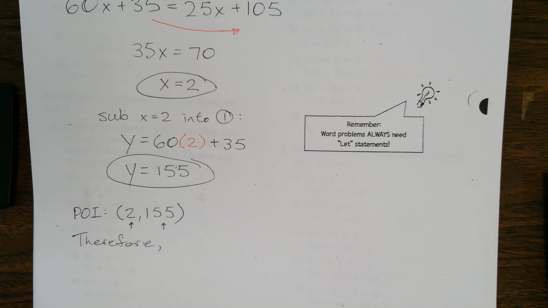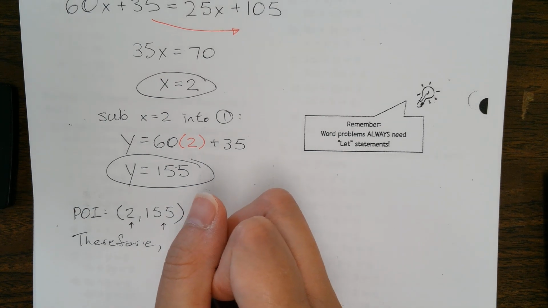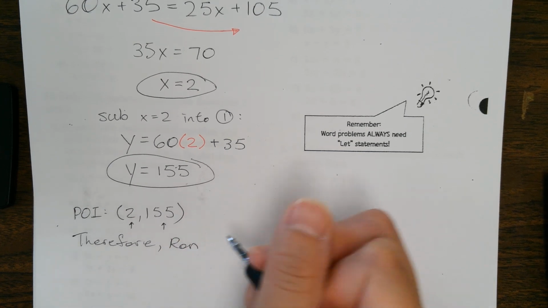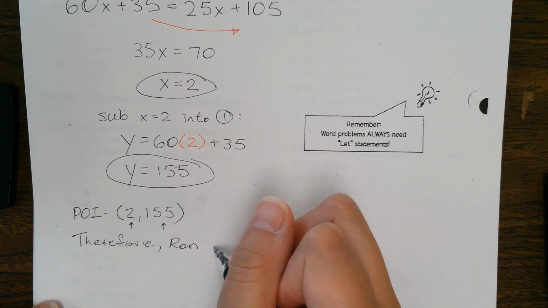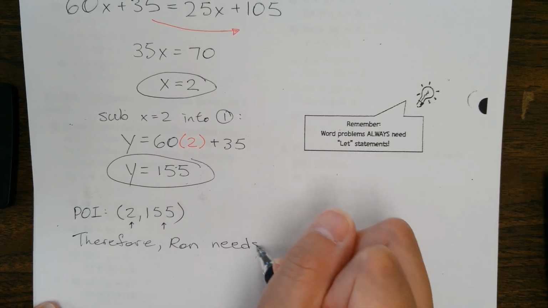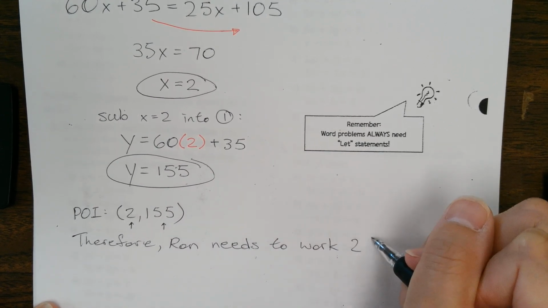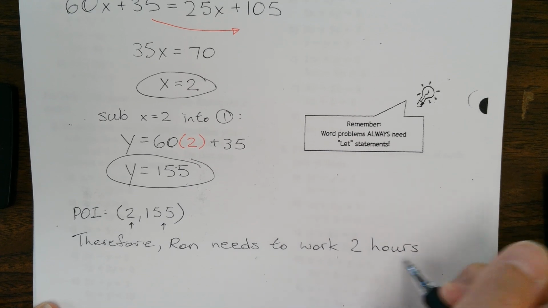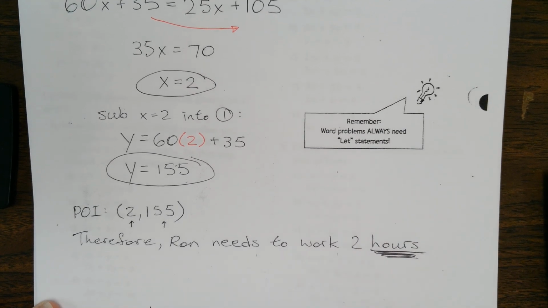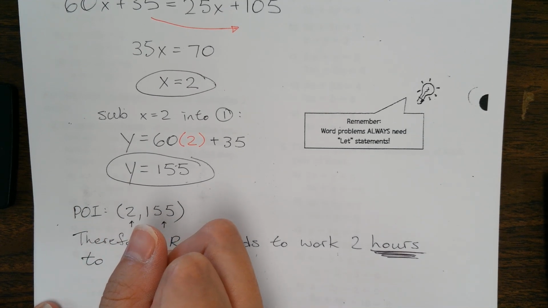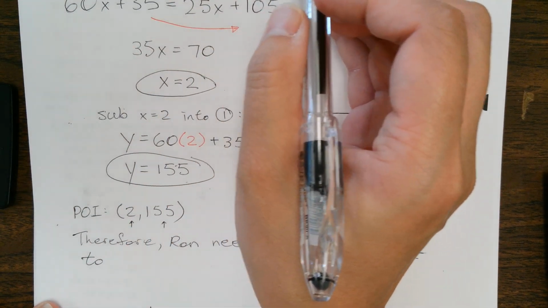So using these 2 numbers specifically. Elizabeth? Perfect. Ron needs to work 2 hours to make $155 to make the same amount.